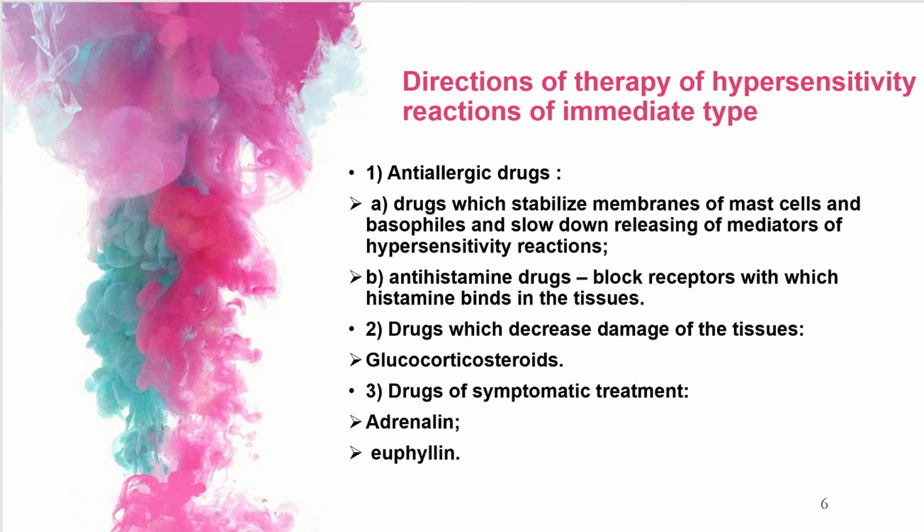And B, which is mainly our focus, antihistamine drugs, which block receptors with which histamine binds in the tissues. And we're mentioning the other two: drugs which decrease damage of tissues, which are glucocorticosteroids, and of course drugs of symptomatic treatment, adrenaline, etc.